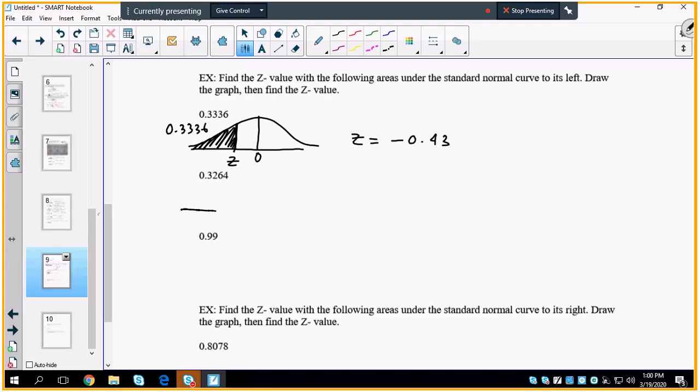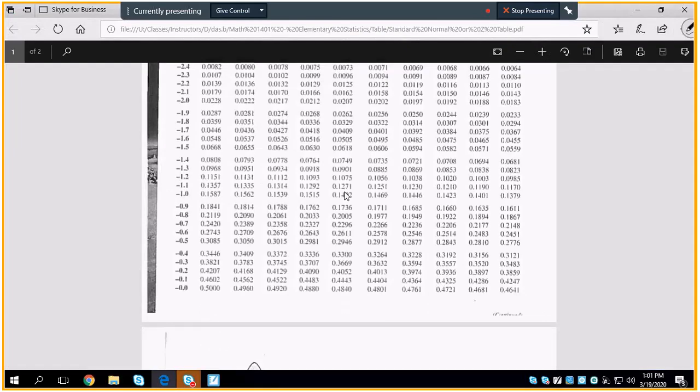0.3264. This is the area that I want on the left. So the mean is 0. It's still less than 0.5, so it should be somewhere here. That's the z-score I want. And this area that I have shaded on the left of this z-score should be 0.3264. You are trying to find this on the table. It's the same side of the table, the negative side, and you are looking for 0.3264.